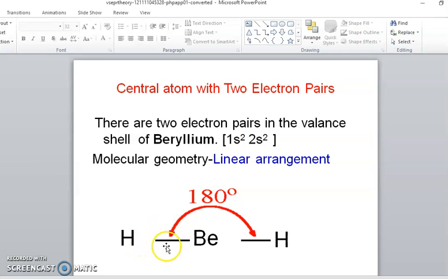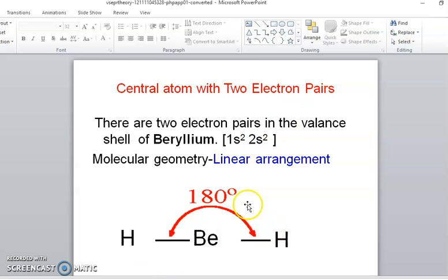So here you have 1 electron pair, and here also 1 electron pair, and both are involved in the bonding, so they are called bonded electron pairs. So you have 2 bonded electron pairs around the central atom.